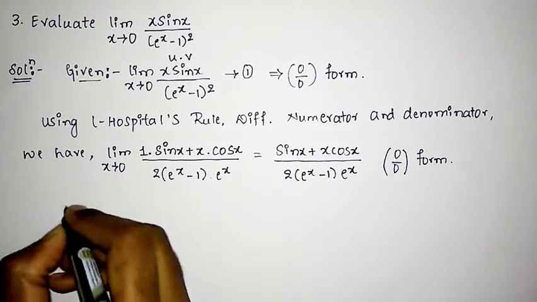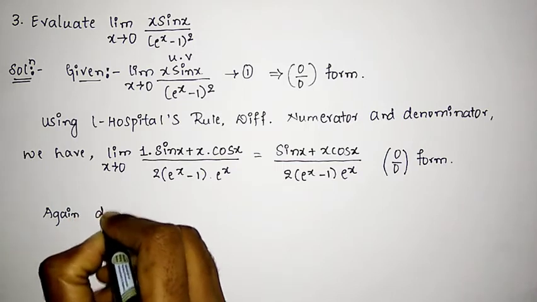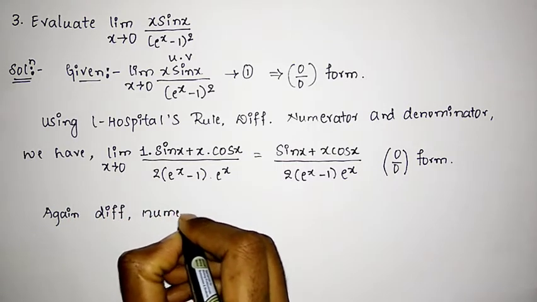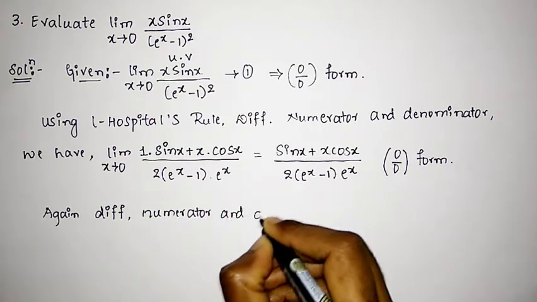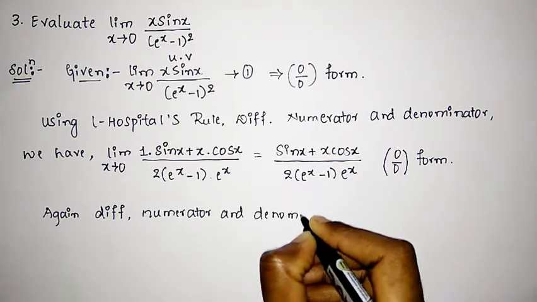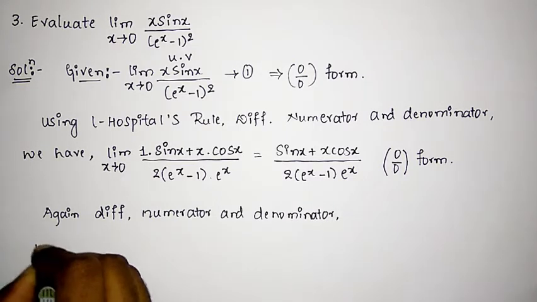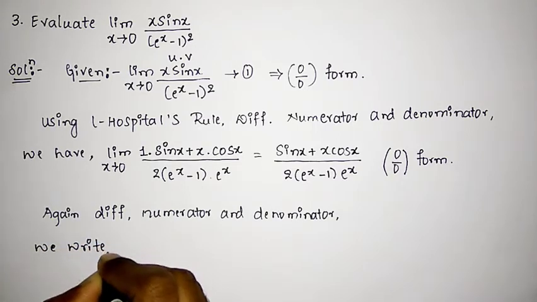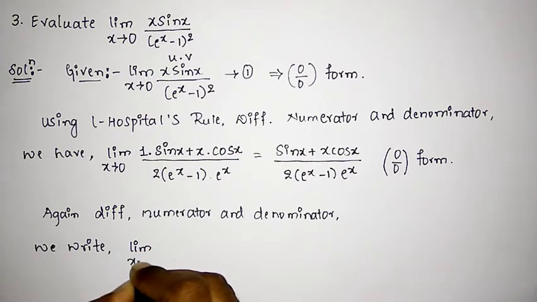So again we need to differentiate numerator and denominator. So we write, that is limit as x tends to 0.